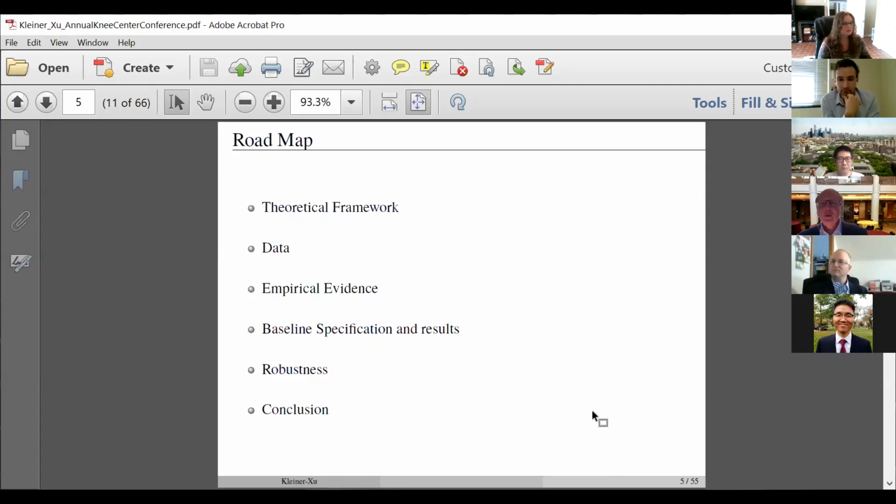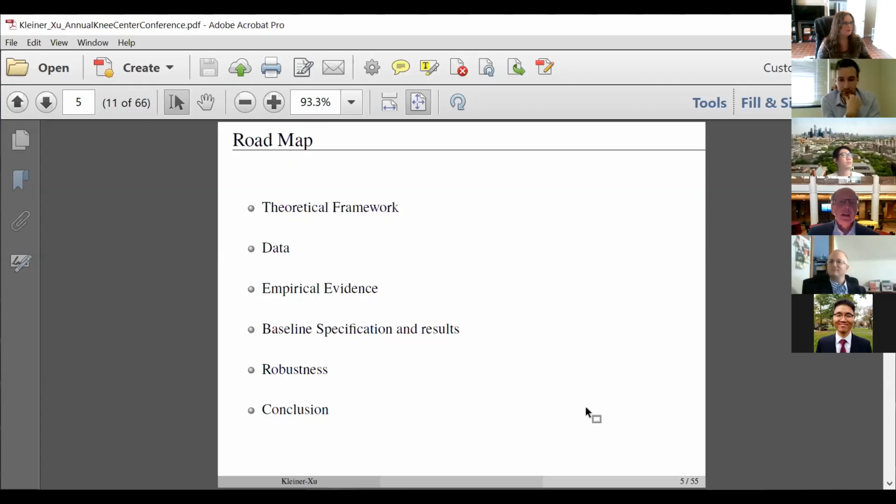I know most of you are empiricists, but I'll go through a bit of a theory of why this institution may result in potentially lower costs, and suggest that the model is ambiguous. Then we go through our data, some empirical evidence, some baseline specifications, a number of robustness tests, and some conclusions and implications for potential policies.